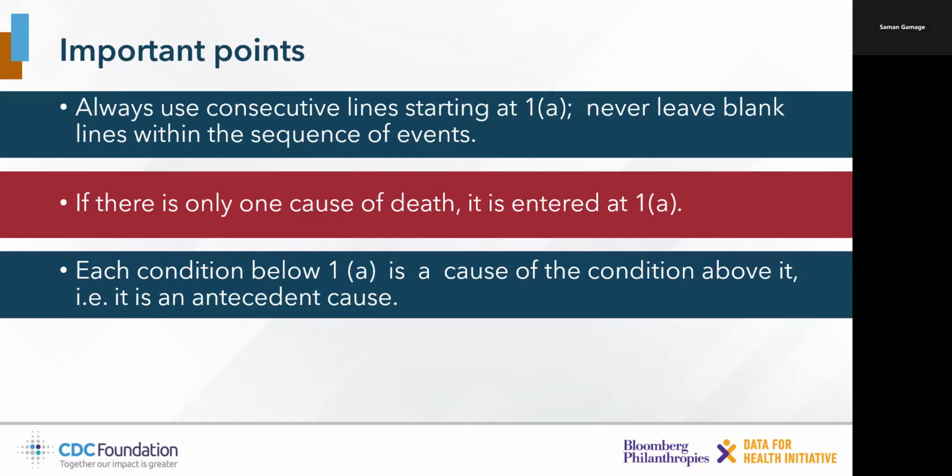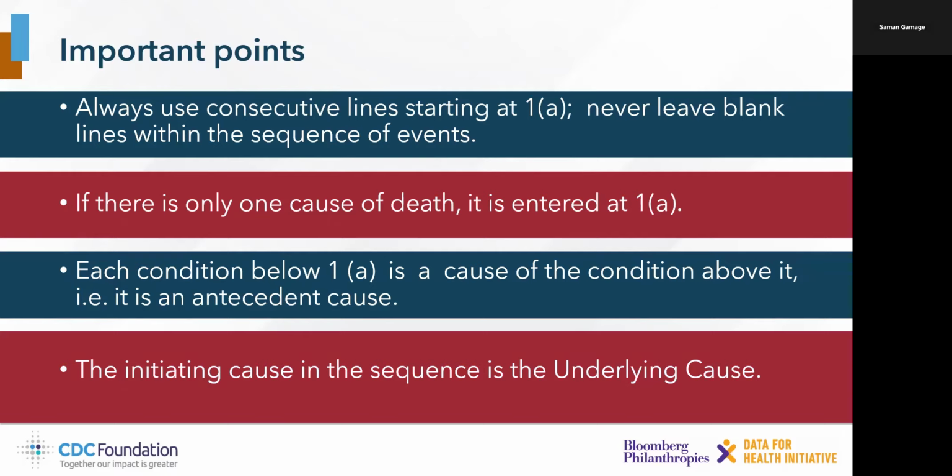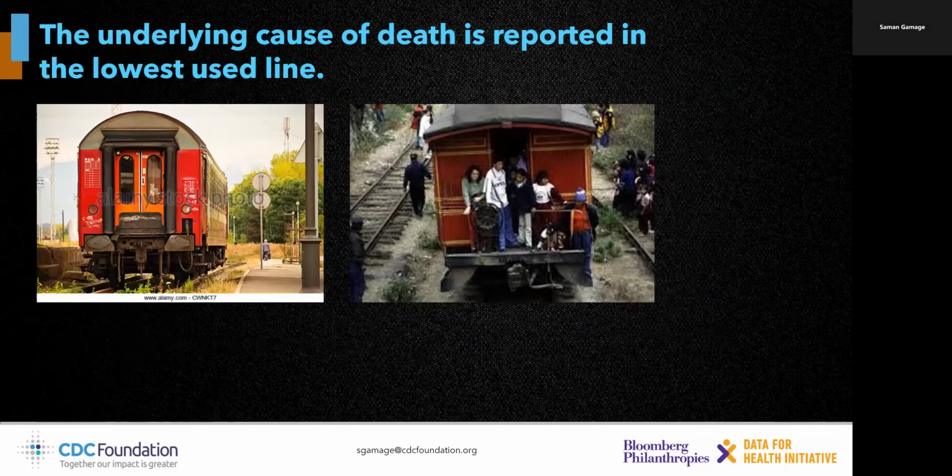Each condition below 1A is a cause of the condition above it. That is, it is an antecedent cause or intervening cause. The initiating cause in the sequence is the underlying cause. The underlying cause of death is reported in the lowest used line.